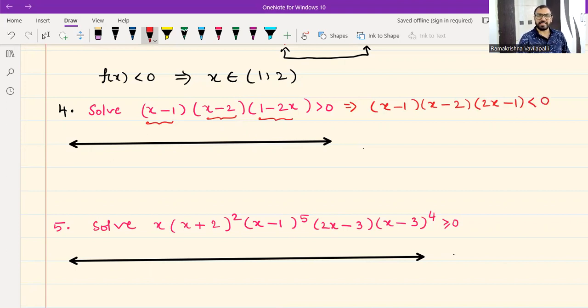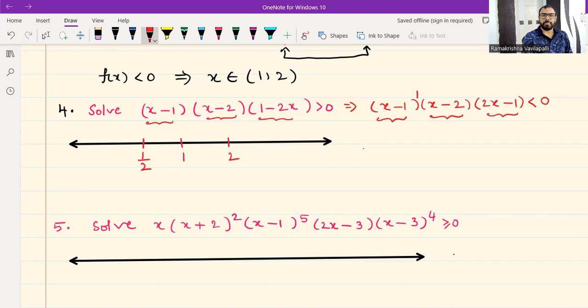Now, see, this is 0 when x equal to 1. This is 0 when x equal to 2. This is 0 when x equal to 1 by 2. Now you plot all these numbers on the real line. So this is 1 by 2, right? And the next one is 1. And the next one is 2.